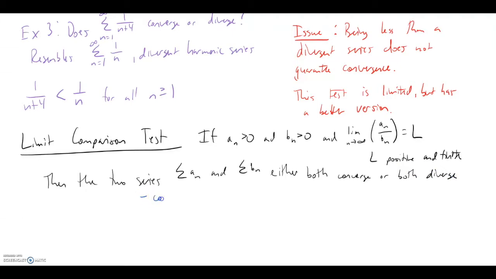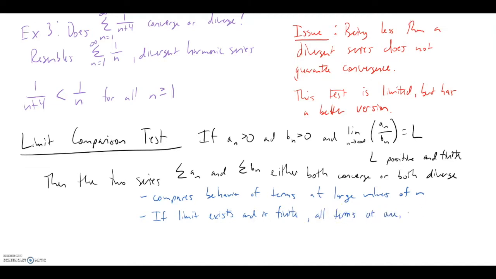And the reasoning behind this and why we can use the limit of this ratio is that this test compares the behavior of the terms in both series at large values of n. And if the limit exists and is finite, this means that all terms of one series are essentially a constant multiple of the terms in the other series at very large values of n.